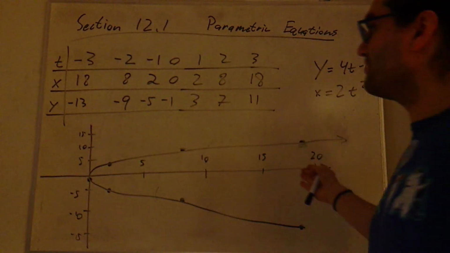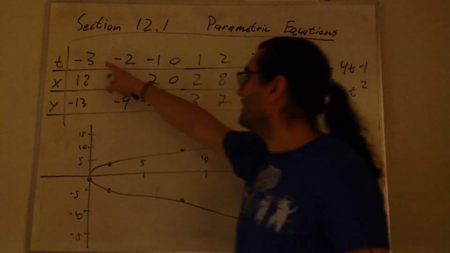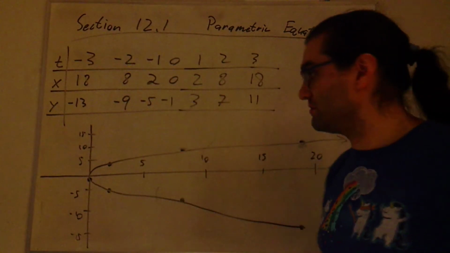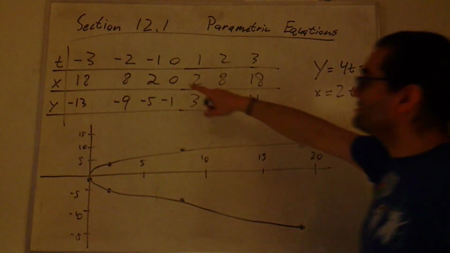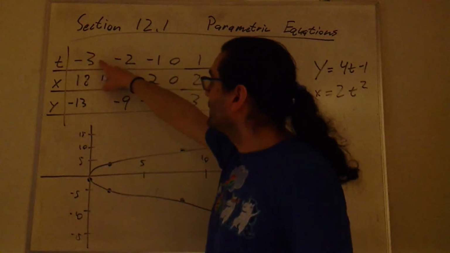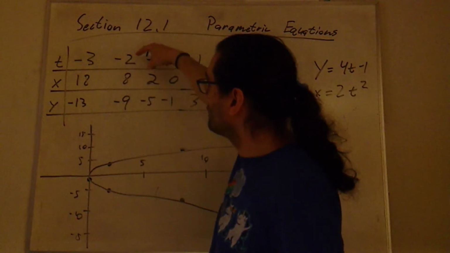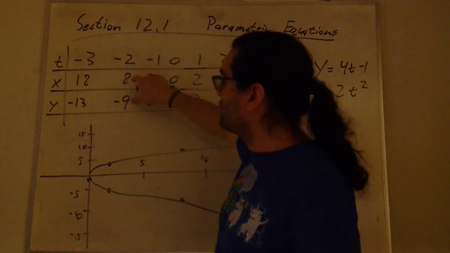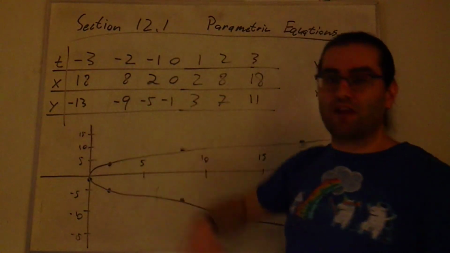In this graph, x values are not our inputs. Our inputs are t values. They're not graphed, so there's no vertical line test for parametric functions. Each input gives me an output that is this point. So like the input t equals -2 gives me an output value of 8, -9.